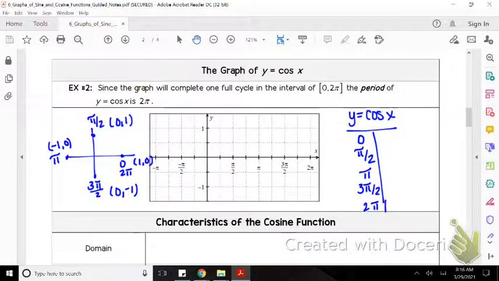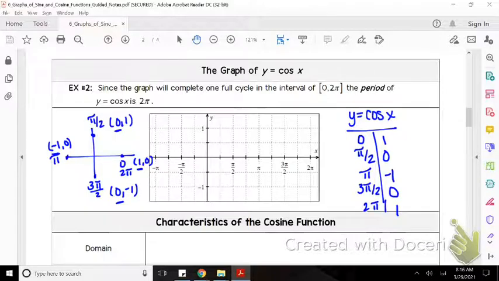All right, remember that cosine is your x value. And so my x value here for 0 is 1. My x value at pi over 2 is 0. At pi, it's -1. At 3 pi over 2, it's 0. And at 2 pi, it's back at +1.